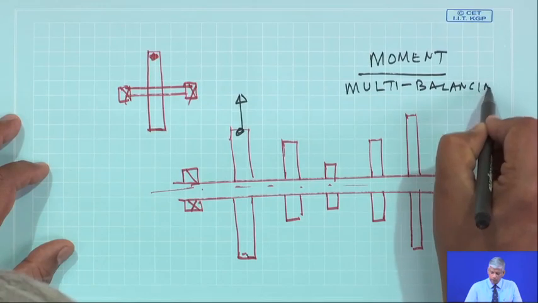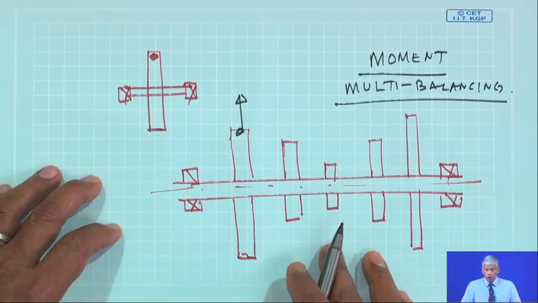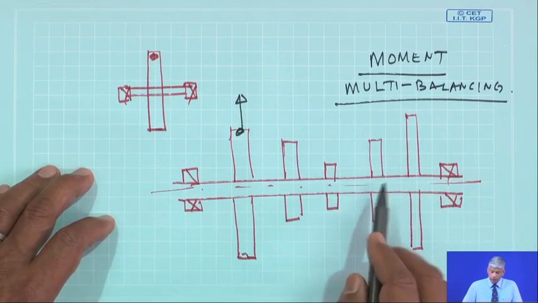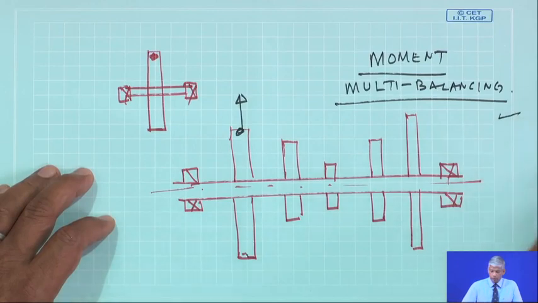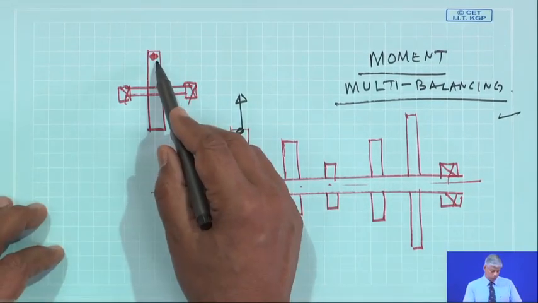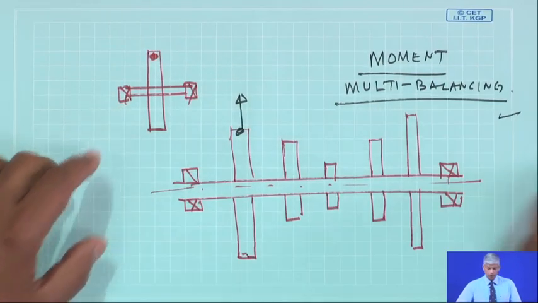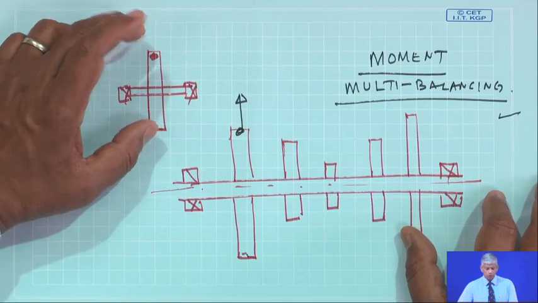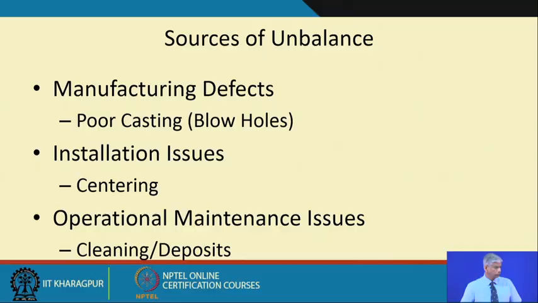And those of you who have done balancing on multi-cylinder long engines or multi-plane turbines, you can do it by such methods, but this will give rise to moments as opposed to this giving rise to reaction forces at the bearing locations. And we will particularly focus on small machines where we are talking about static unbalance.